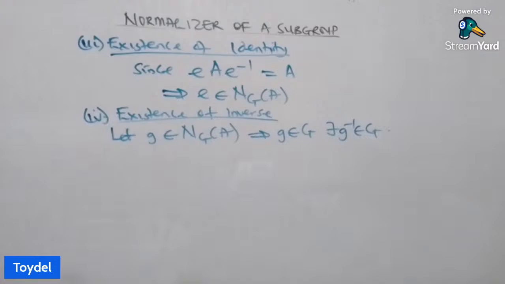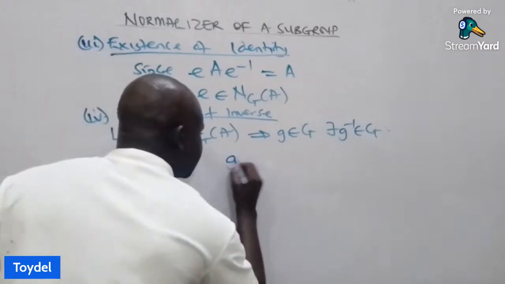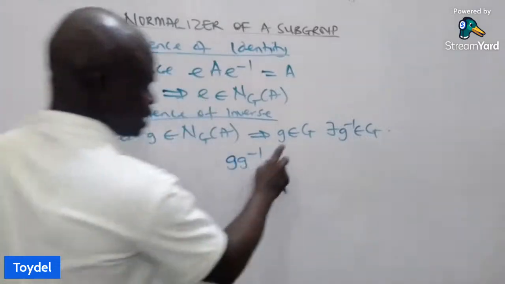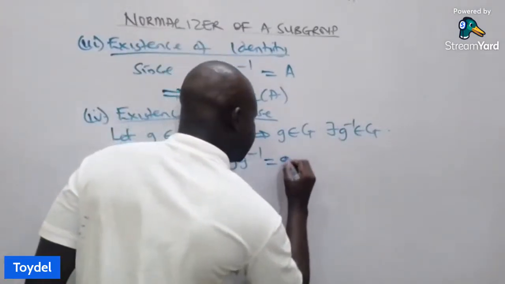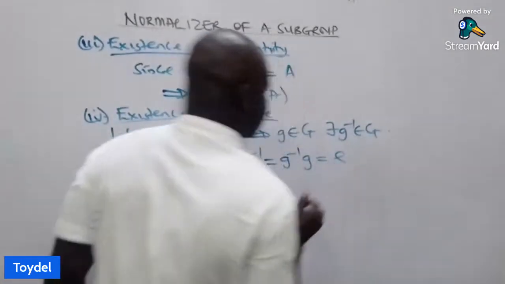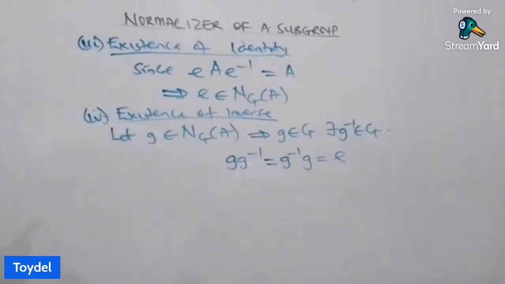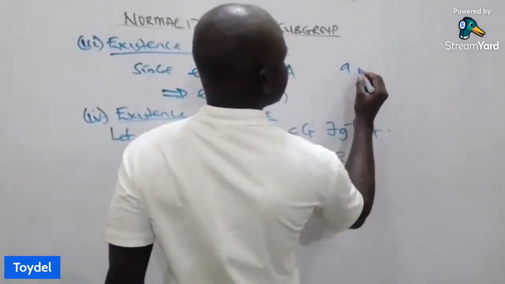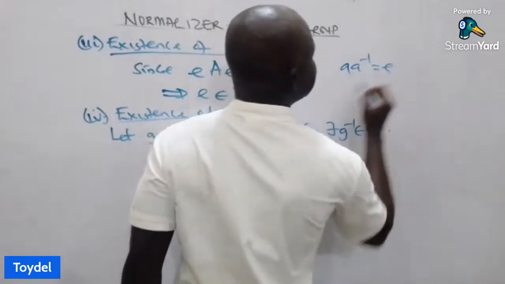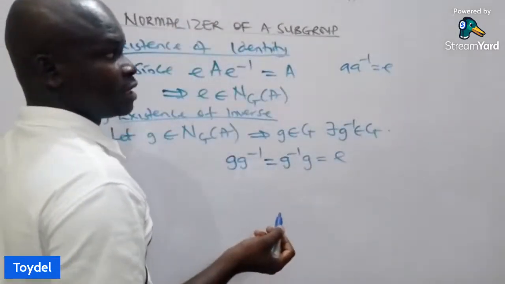So G inverse is the inverse of that element. G inverse G must give us identity. When we pick an element, we relate it with the inverse, and we must get the identity element.